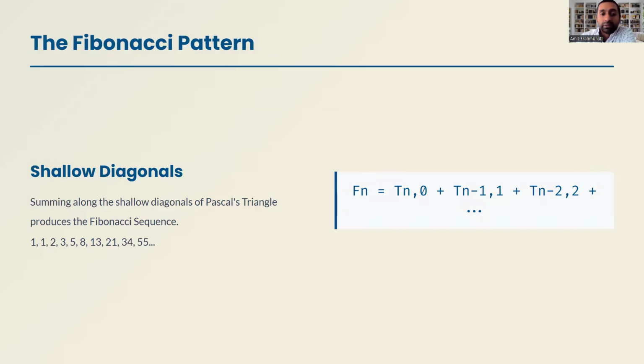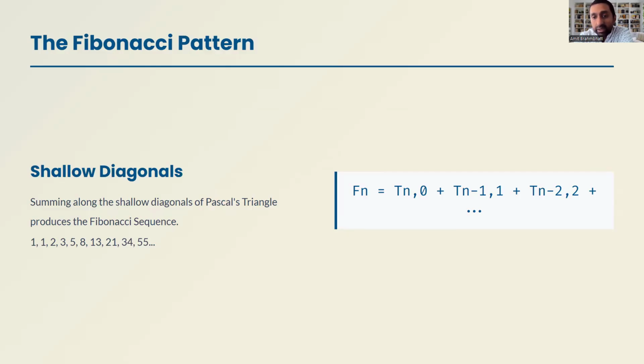The Fibonacci pattern. Many people are surprised to learn that the famous Fibonacci sequence is also packed inside Pascal's triangle. If you draw shallow diagonals across the triangle, starting at the edge and moving up one row and right one column iteratively, and sum the numbers along those lines, you generate the Fibonacci numbers 1, 1, 2, 3, 5, 8, 13, and so on.